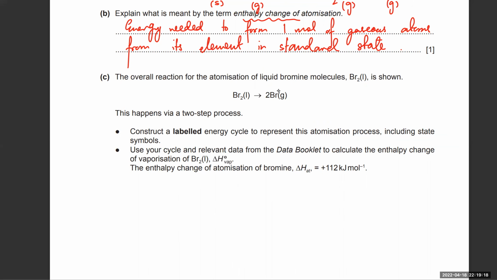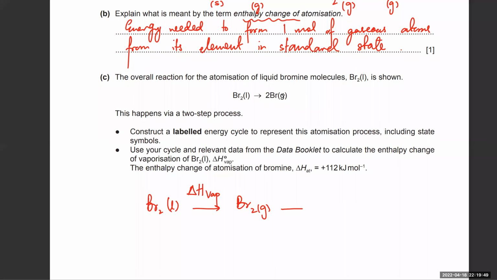First thing you're going to do is you'll have Br2 liquid, and you're going to change it into Br2 gas. That is vaporization, the enthalpy change of vaporization, because it's turning into a vapor. And then you have to make 2Br gaseous atoms.